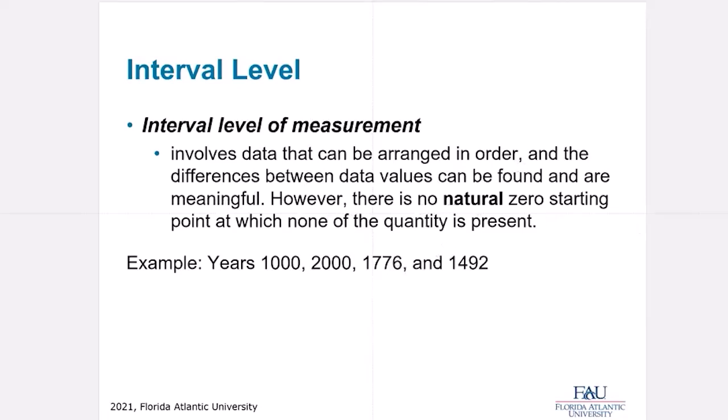However, there's no natural zero starting point at which none of the quantity is present. We're just kind of picking years. There's no starting place. We're not graphing it starting at year 0 and moving it along. I think we'll see the difference in a minute.